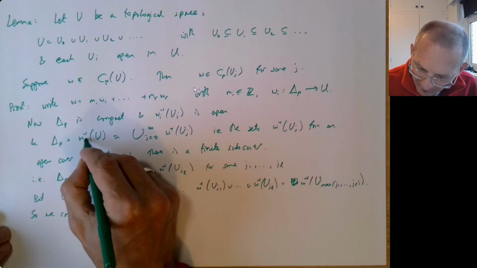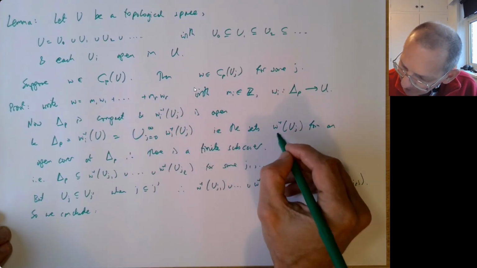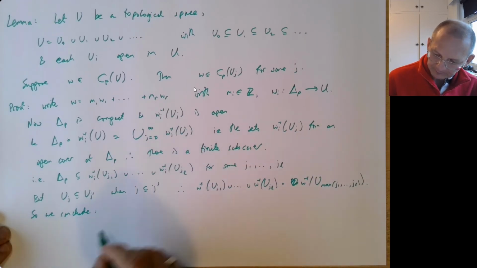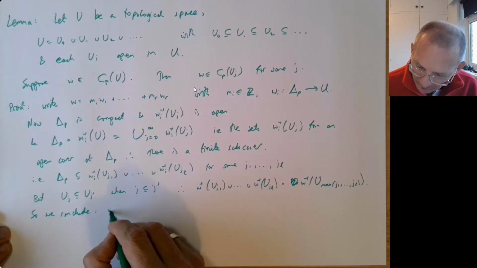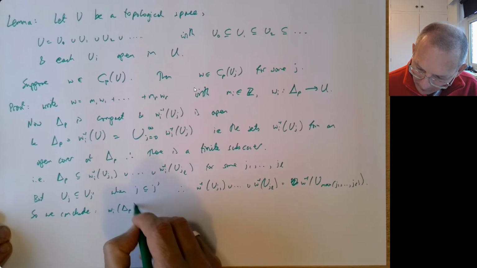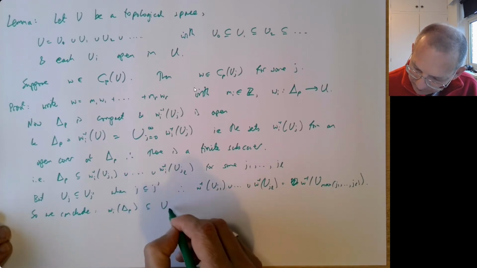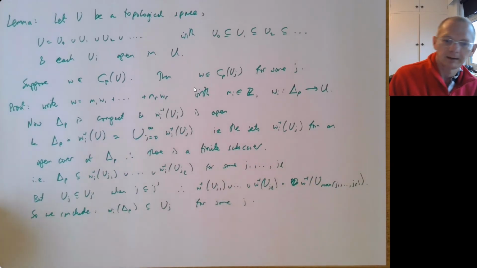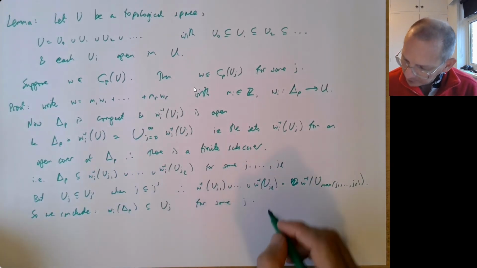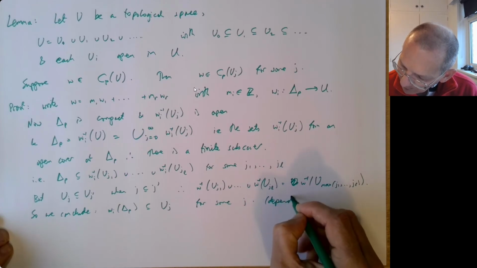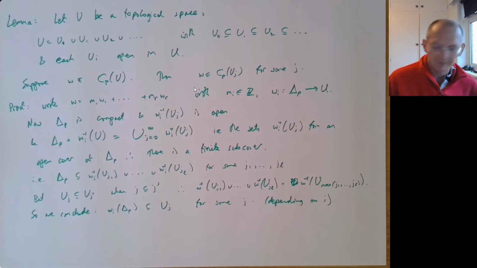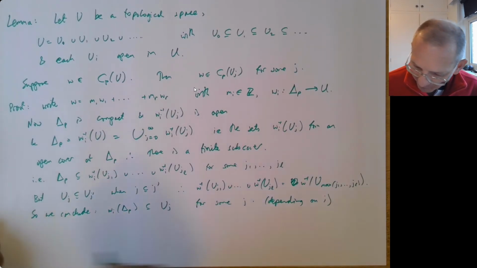Okay, so all of this should have been a W_i. We're just looking at a single W_i for the time being. So W_i of delta p is contained in U_j for some j. J depends on i.